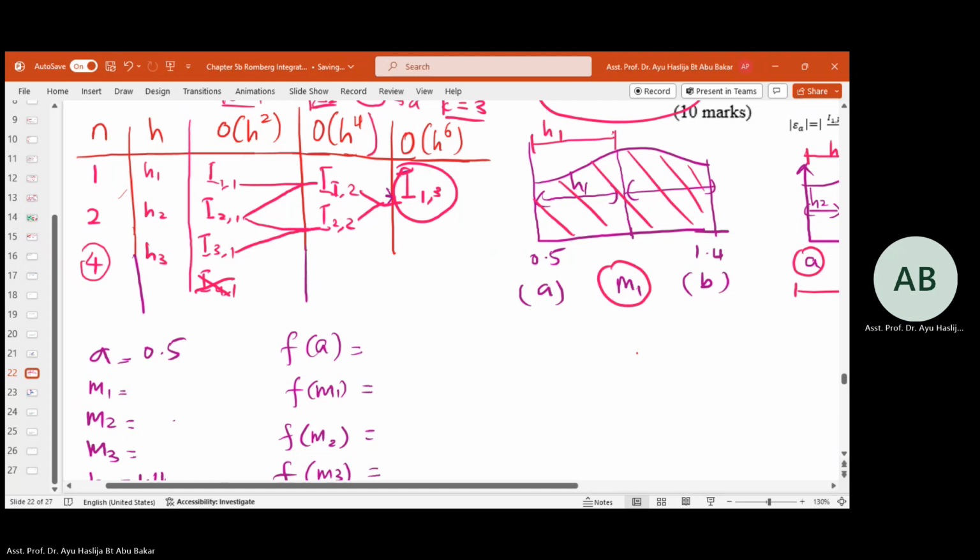M1 is 0.95, yes. Okay, how to identify M2 and M3?